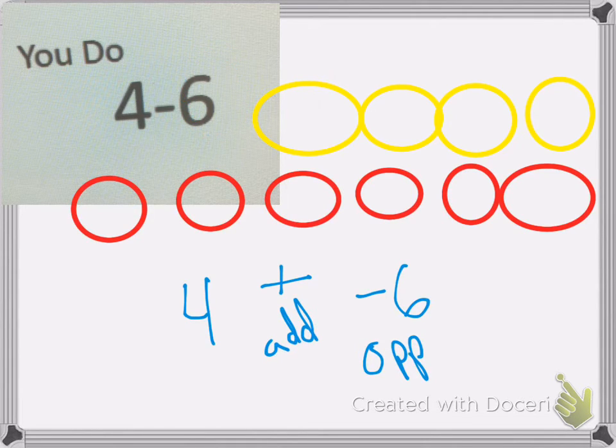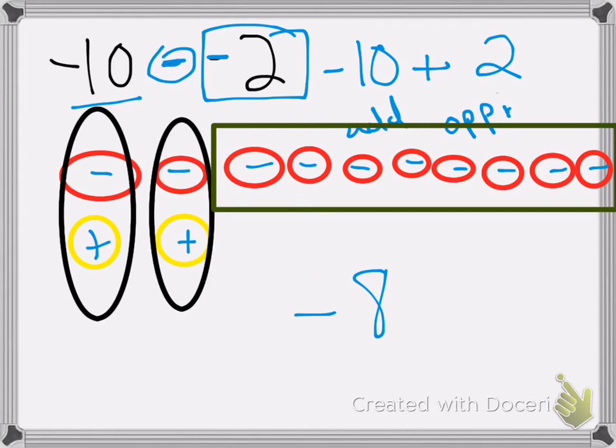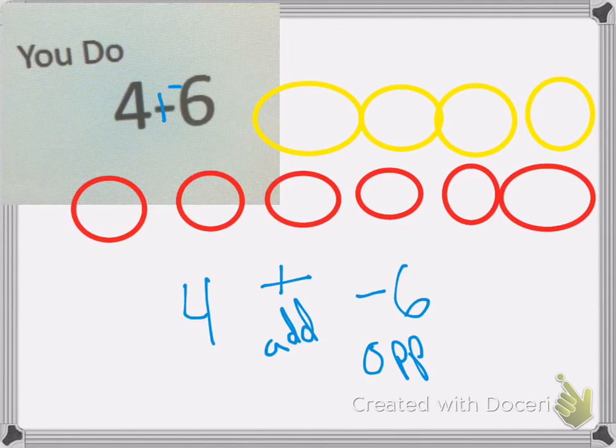Okay? Add the opposite. If you don't like that, you can always just, whenever you see a subtraction sign, put it as a plus sign and put a negative, or in this case back here, put a plus sign and then another plus sign. 2 negatives make a positive. Okay?